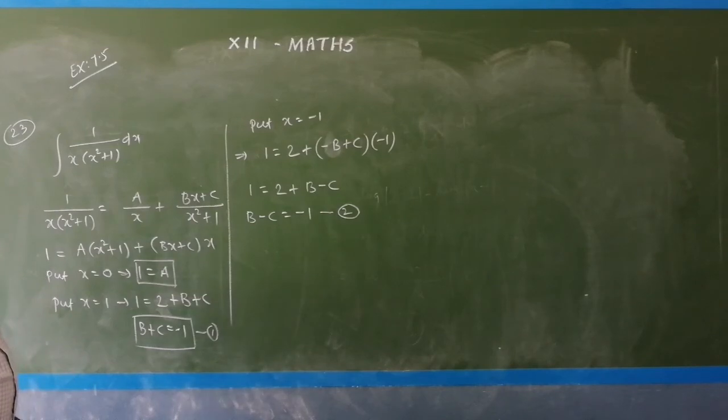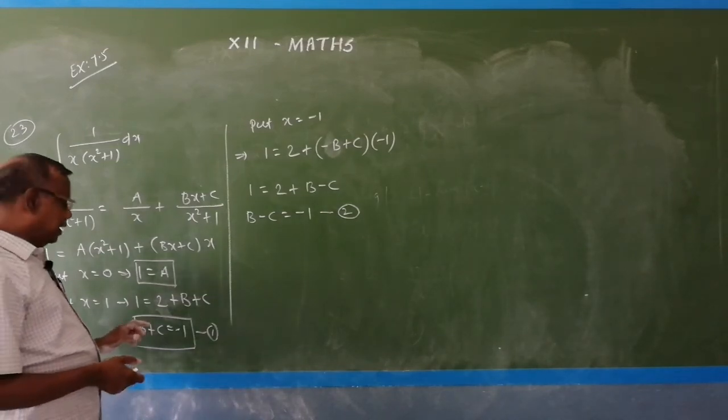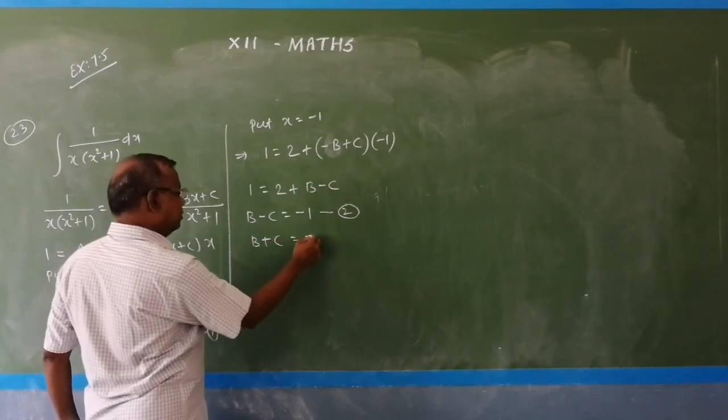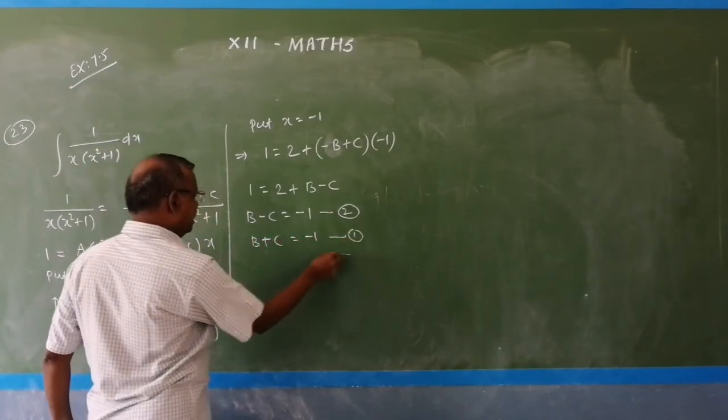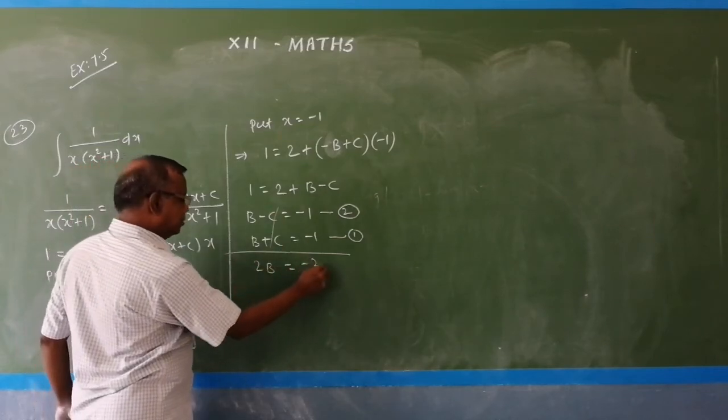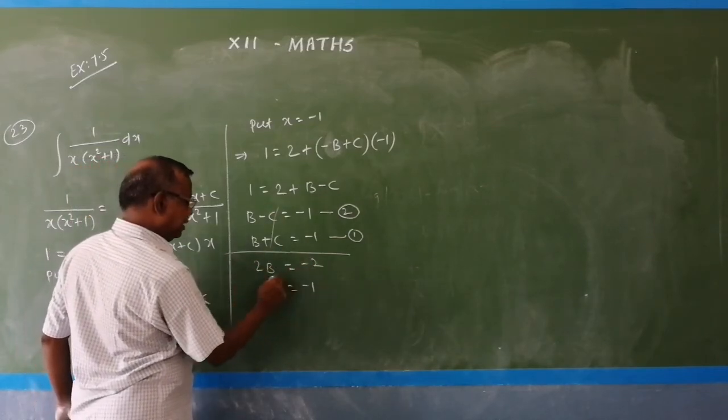Again, b plus c equal to minus 1, b minus c also minus 1. Say this is first equation. Adding these two, we have 2b equal to minus 2, or b equal to minus 1.